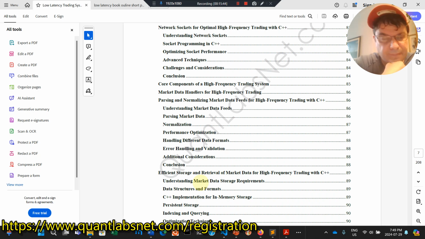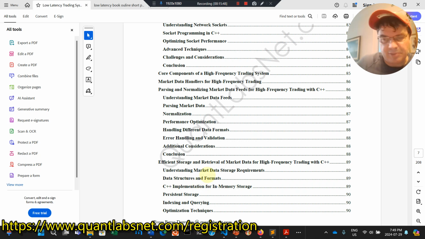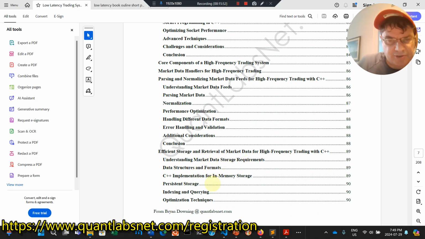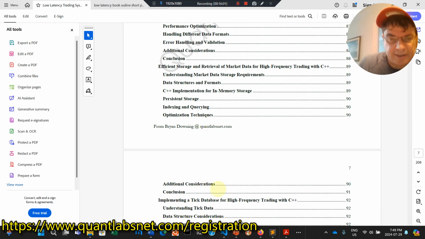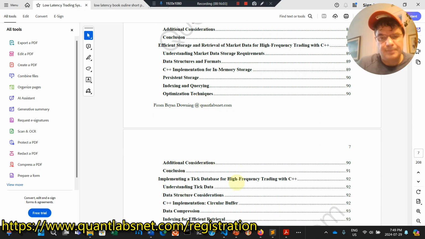Hopefully we still have you. Efficient storage and retrieval of market data for high frequency trading with C++. Understanding market data storage requirements, data structures and formats, implementation in memory storage, persistent storage, indexing and queuing, and optimization techniques, and other considerations. Okay, so here's another interesting one about tick databases.